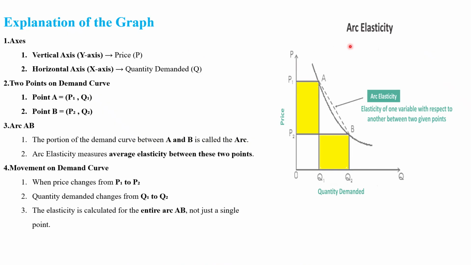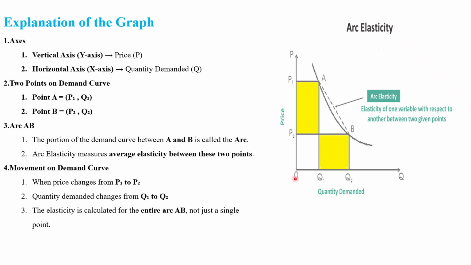Let's see the graphical presentation of arc elasticity, in which price is shown on the vertical axis and quantity demanded on the horizontal axis. As you know very well, when we talk about arc elasticity, we talk about the elasticity between 2 points, that is A and B, on the demand curve. First, just look at this graph.